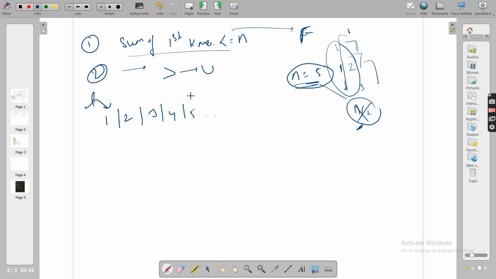So l you will be starting from here, h will be starting from your final n value. Now what you got? The sum of the first k values.